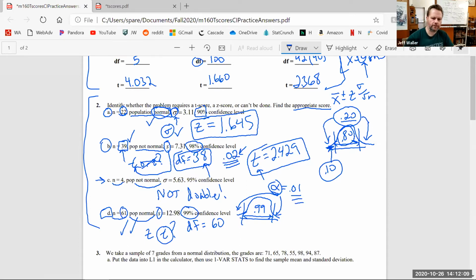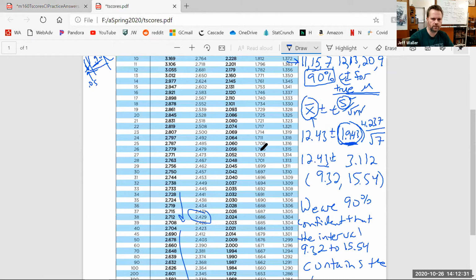So what would alpha divided by 2 be in this case? I got a skinny little fish here now. 0.005, and that would be the area in one tail. All right, so if I look at my t-score chart, degrees of freedom is 60, and I got a 0.01 in two tails.